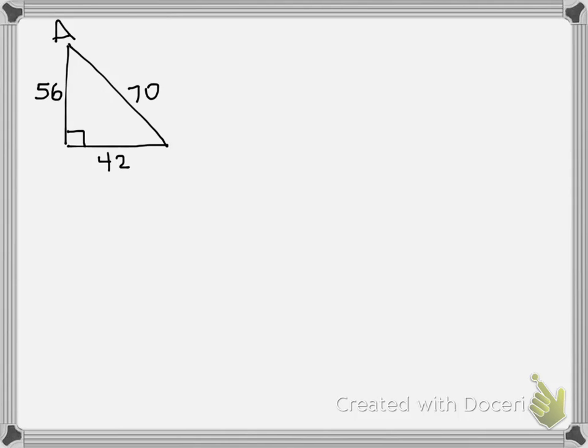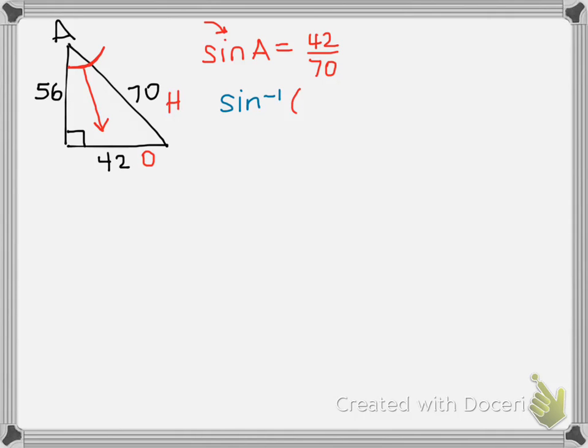The first one is you can go from this angle and say this is your opposite and this is your hypotenuse. So you can use sine of A is 42 over 70. And since we're using the trig function of sine, we have to use the sine inverse on both sides to find our angle. And so we have sine of A, and then we also have sine inverse on this side of 42 over 70.